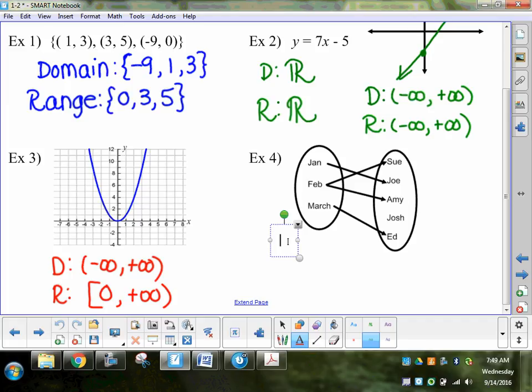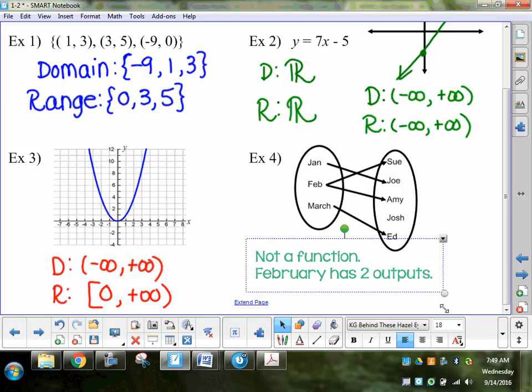To make sure that I heard it right. Like some can't have more than 1 output. Let's be more specific. Which one is giving you the problem? Which input is the bad one? There you go. So we would say not a function. That's why it's not a function.